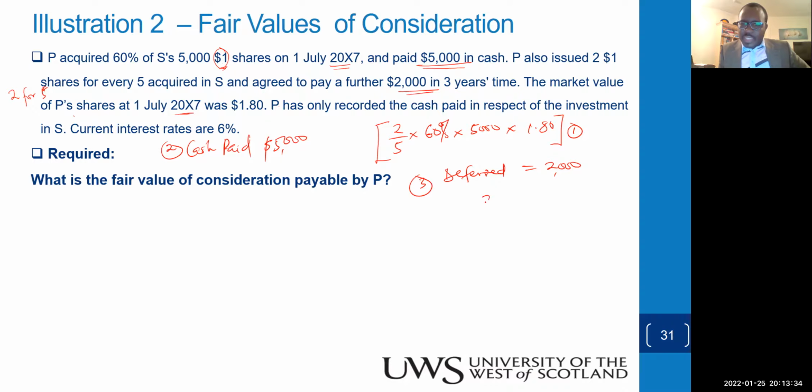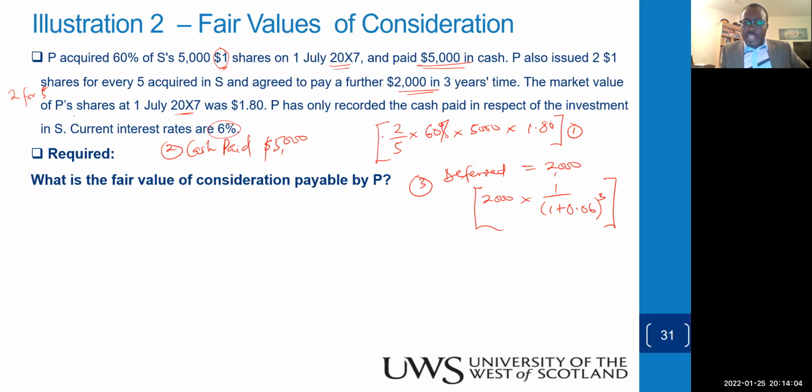We get our 2,000 times our discount factor, 1 over 1 plus the rate. Let's read whether there's the current interest rate. Current interest rate, cost of capital, yield to maturity, annualized yield, anyone they give you is the same as the cost of capital, the discount rate. It is 6%, so 0.06, in 3 years. This is the third item.